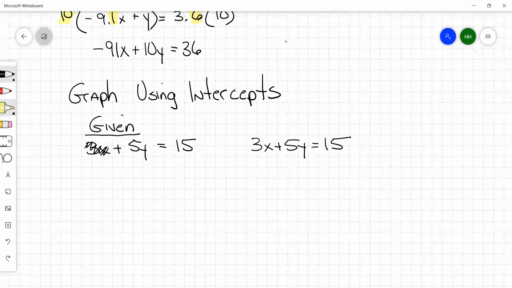And 3 times 0 would be 0, and the only thing left would be 5y. And you go to the second equation, and you do the same thing to the y. You cross out the y, because we're simulating making y equal to 0. Because when y is equal to 0, we have an x-intercept. So you solve both of these.